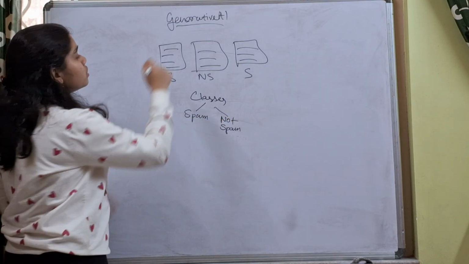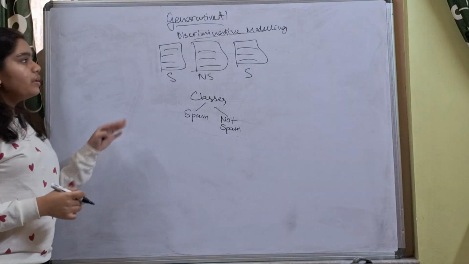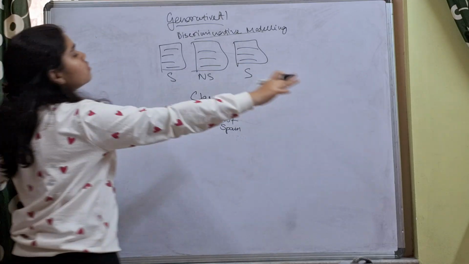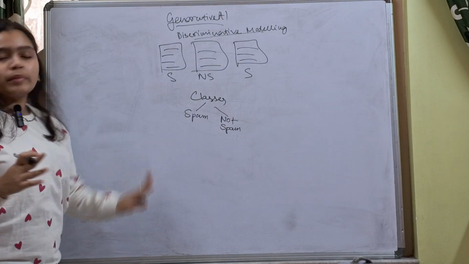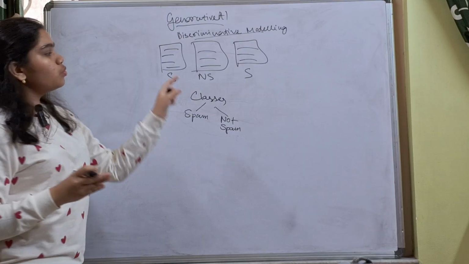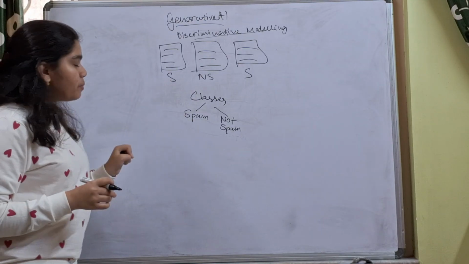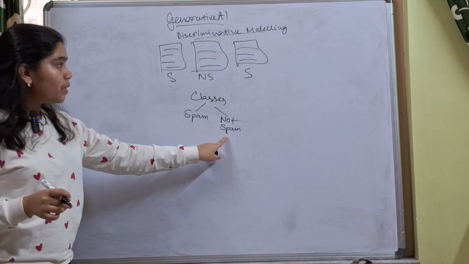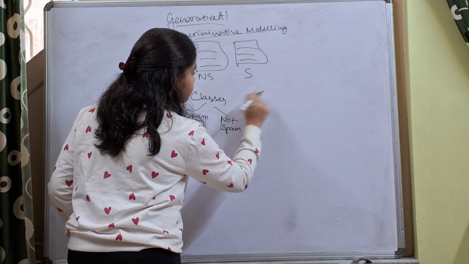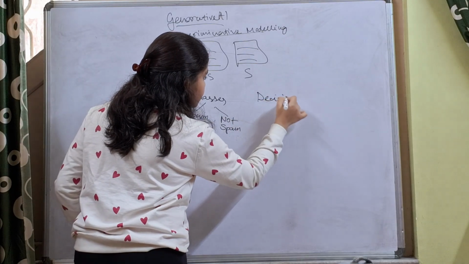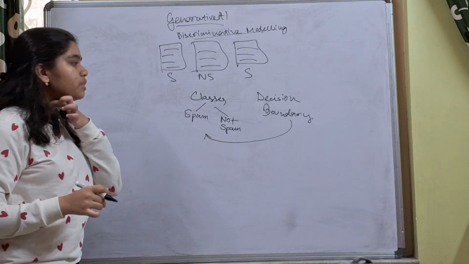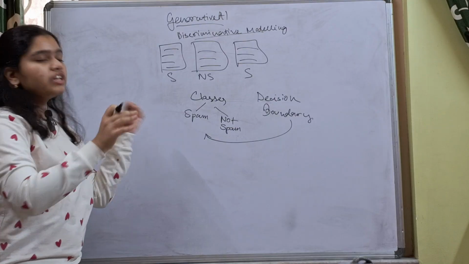Now let us learn about discriminative modeling. In discriminative modeling, if you provide a data set of thousands of emails with the labels spam and not spam, which are the two classes, it learns the decision boundary between the two classes.